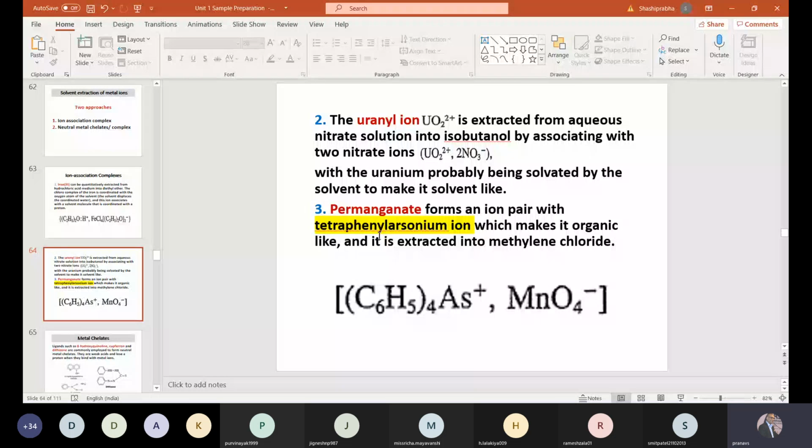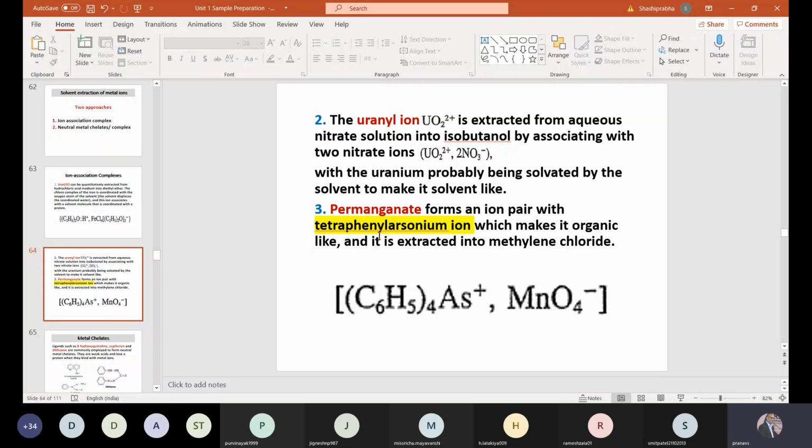So they tried other salts also, and they found out that even with colorless salts, for example KCl, potassium is getting extracted, and to neutralize the charge in the organic phase, the anion also goes along with it, and this is stable.